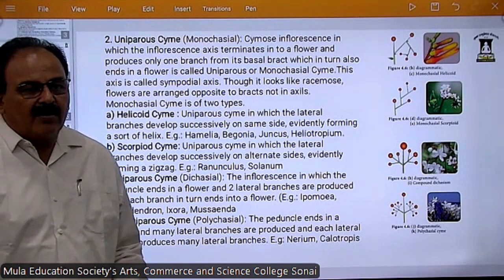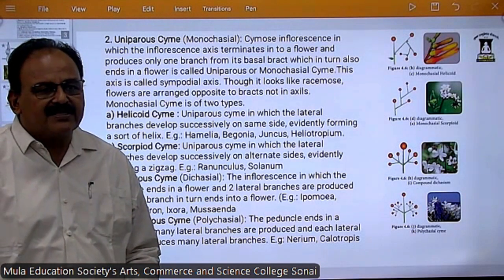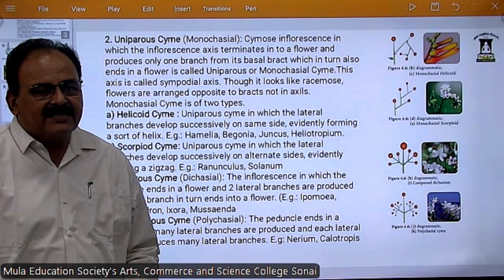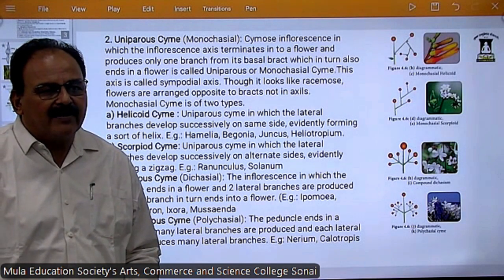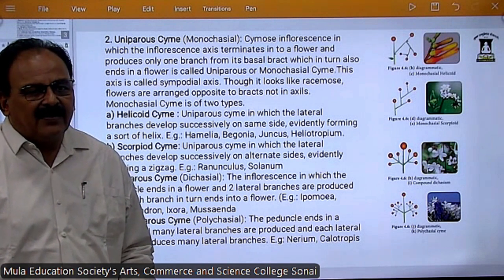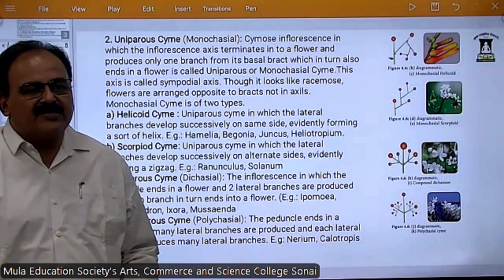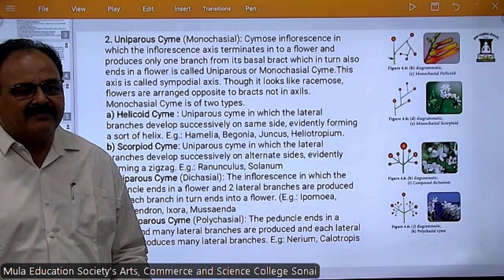Uniparous cyme or monochasial cyme. Cymose inflorescence in which the inflorescence axis terminates into a flower and produces only one branch from its basal bract, which in turn also ends in a flower, is called a uniparous or monochasial cyme.